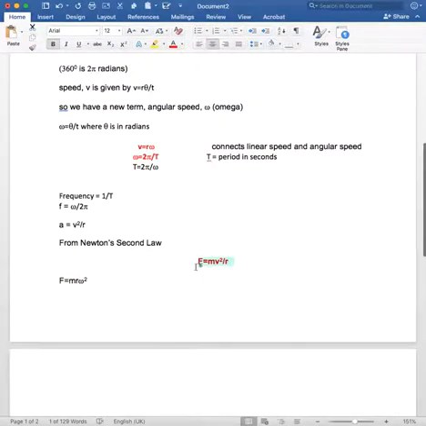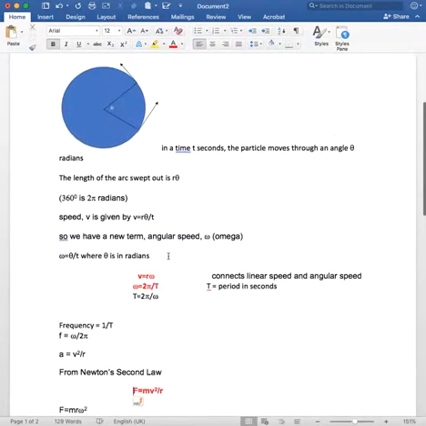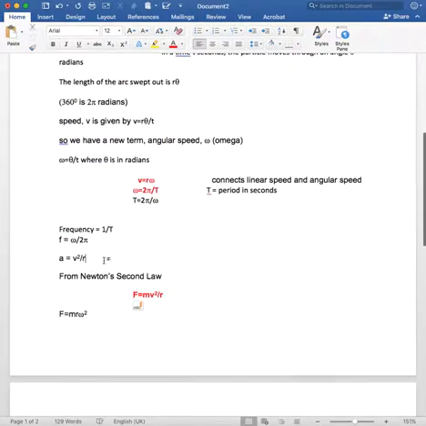Oh, too far. Let's take that back. So F equals mv squared over r, or F equals mr omega squared. Now, this is a force towards the center of the circle. I should have said the acceleration is towards the center of the circle.